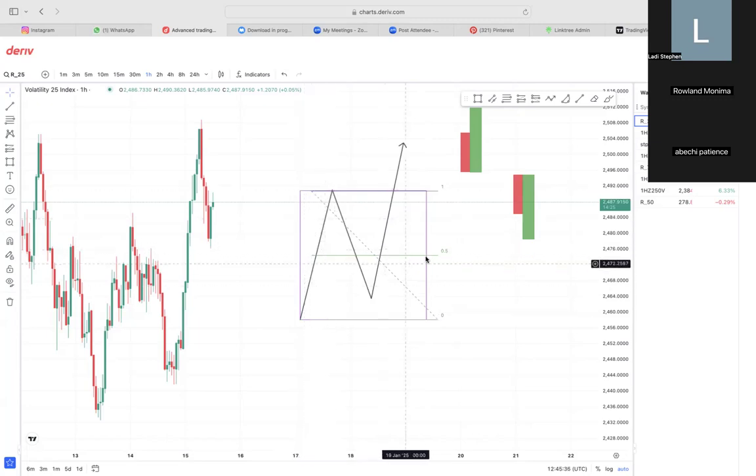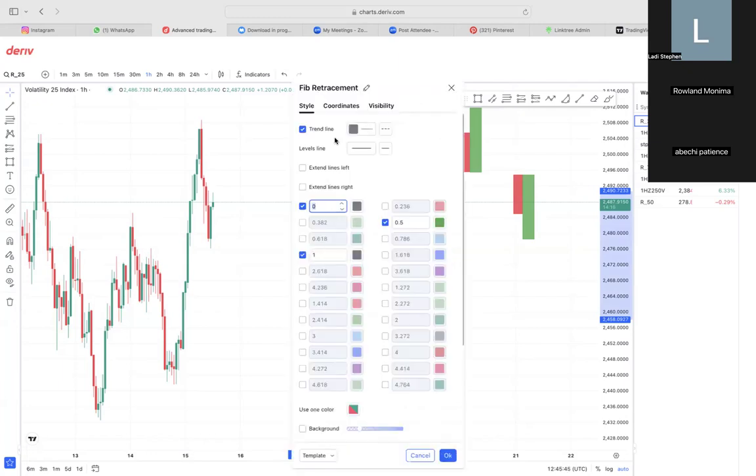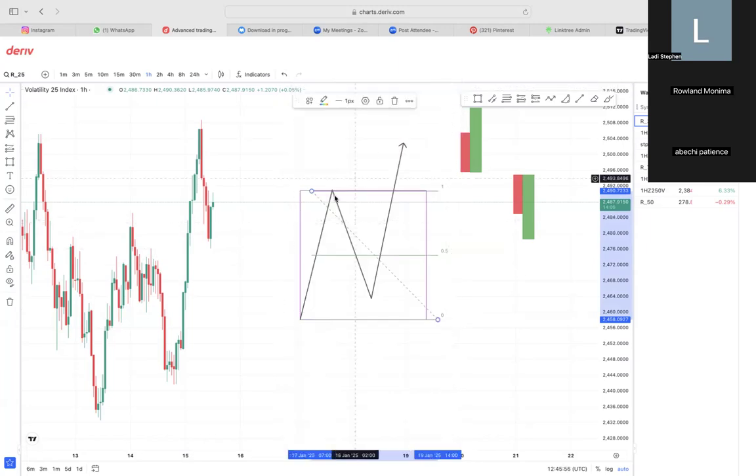Now, your Fibonacci has a range of values. But for this class, we're only using 0, 50%, and 100. This 0.5 is 50%. I will explain. Now, when price gets to a place of rejection and begins to retrace, we expect price to retrace at least 50% of this entire move.